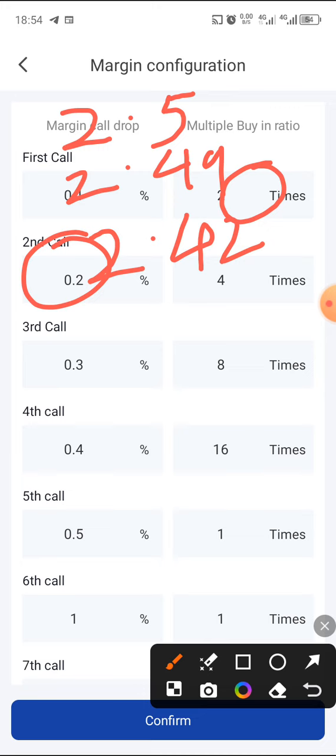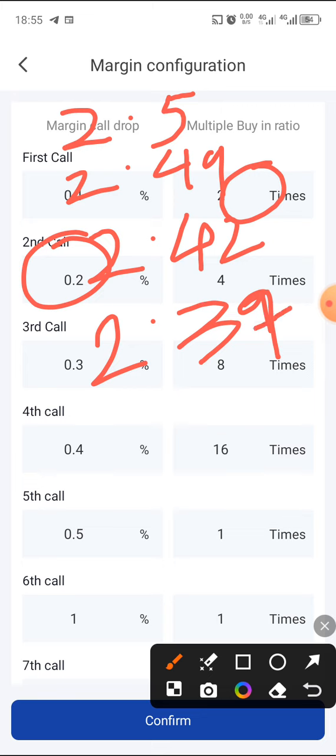And when you double up the number of coins bought on the second margin call while buying the third margin call, you'll end up with an average price of 2.39 or 37, something like that.